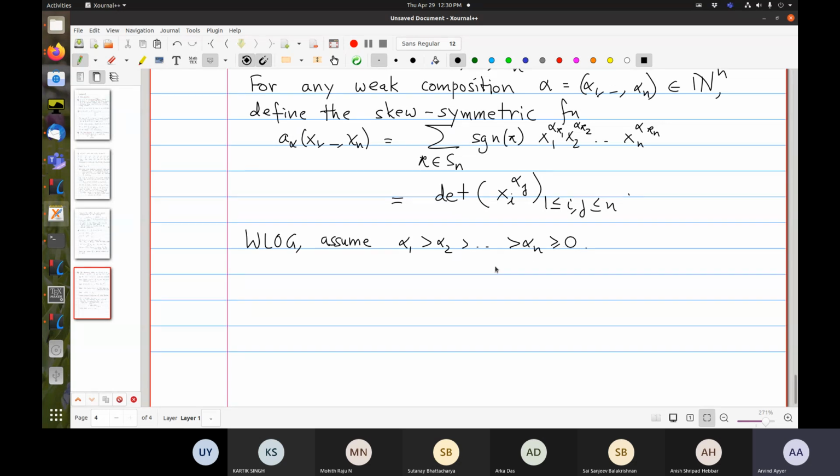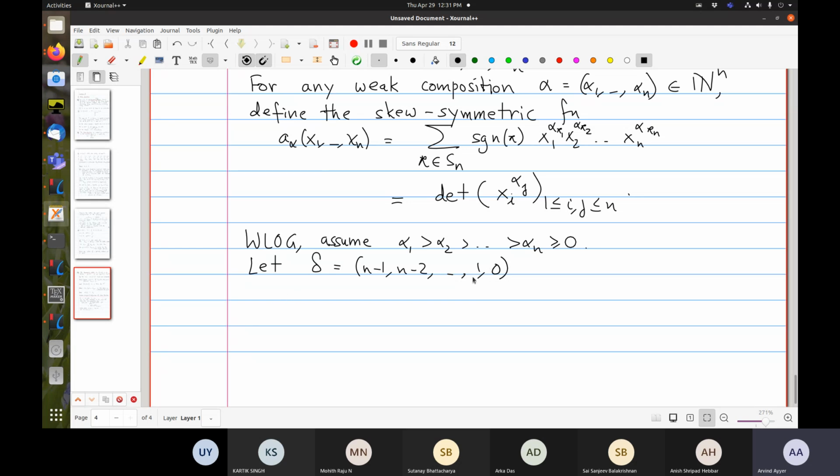And the last one, of course, can be 0. So, in particular, let delta be the first non-trivial such guy, which is n minus 1, n minus 2, etc. up to 0.